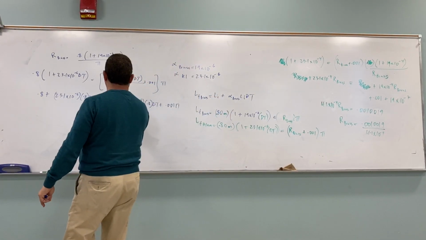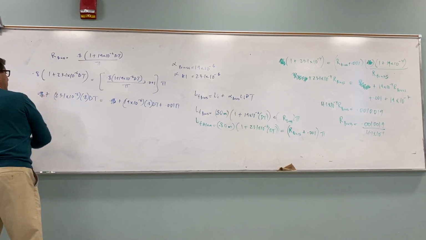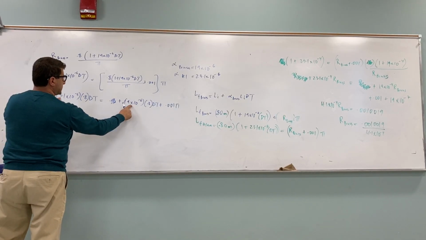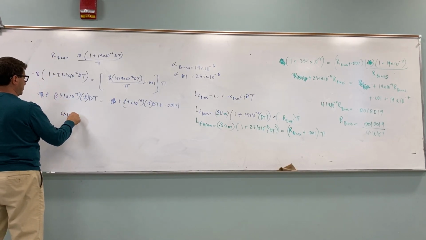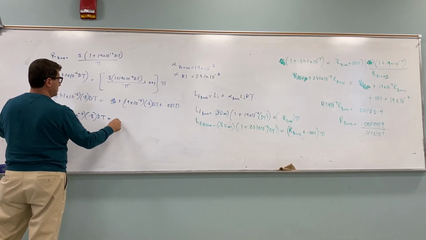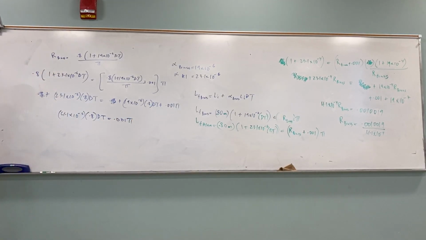And then the 0.8 cancels. Yep, that's it. So 23.1 minus 19, that's going to be 4.1 times 10 to the minus 6 times 0.8 times delta T. It's not too bad, but you have to make sure you get all the algebra right. And then that's going to tell you what the delta T needs to be. And then from there you can calculate what the final temperature is, because you already know the initial temperature.